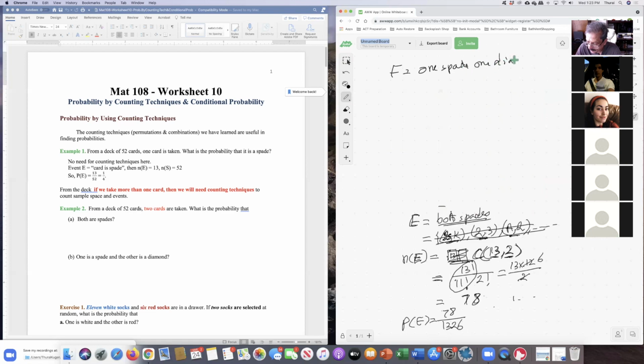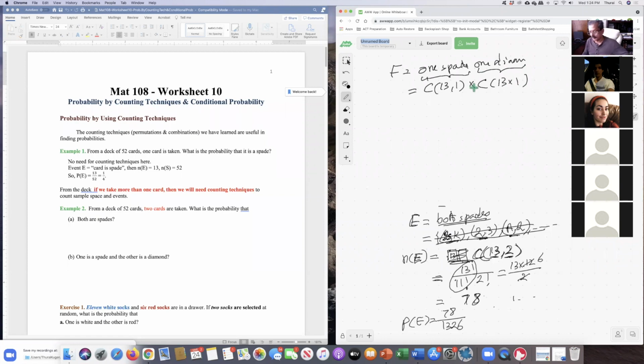That means the first one has to be chosen from the 13 spades. If I want to write that as a combination, how many ways are there? C of 13, 1. From the 13 spades, we need to choose one spade. And for one diamond, the number of ways of getting that will be a combination of 13, 1. And therefore, the product will be the answer.